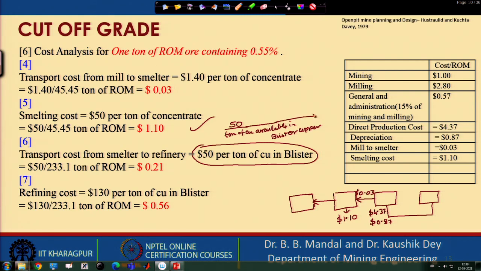Again I am telling you, it is not the output quantity that is important, it is the copper percentage of that blister copper that is important.